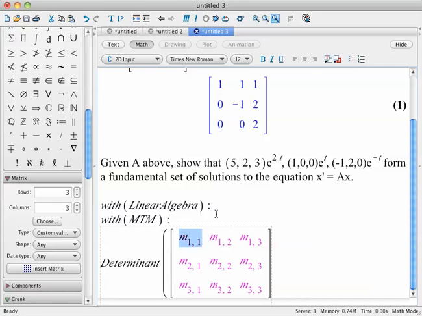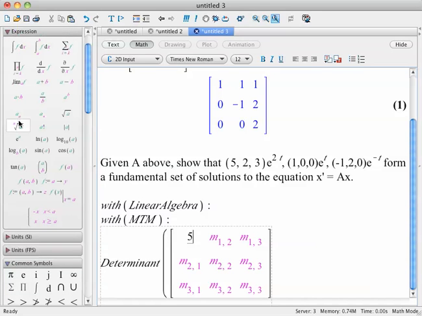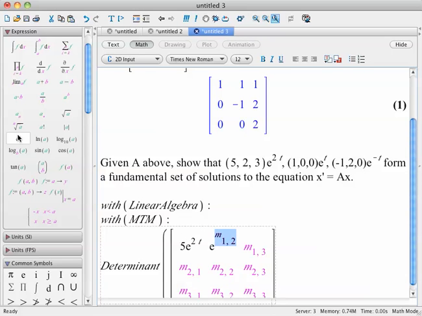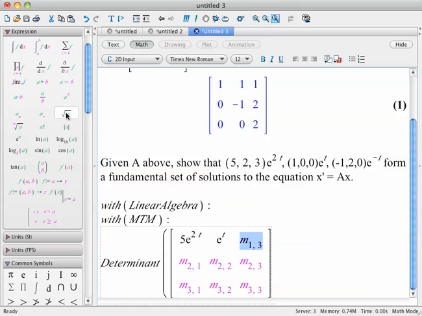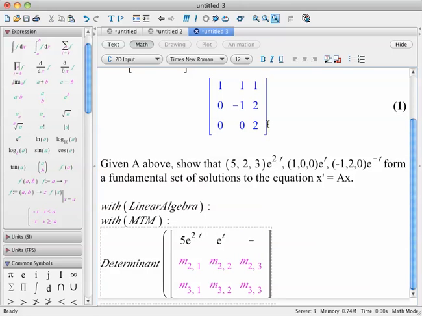It's going to have these entries. We're going to have 5, and I need to remember that that e to the 2t is part of all of the first column. So that's going to be 5e to the 2t. The first entry here is going to be 1 times e to the t, so that will just be e to the t. Next entry is negative 1 times e to the negative t.